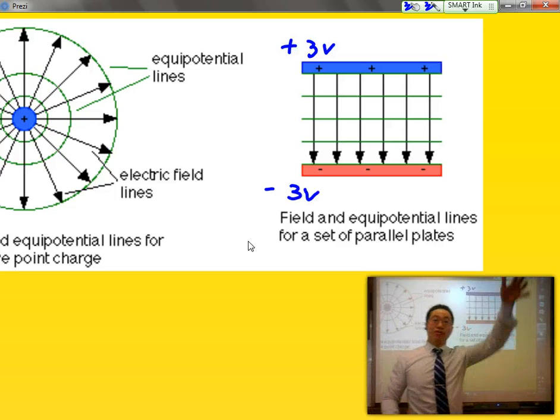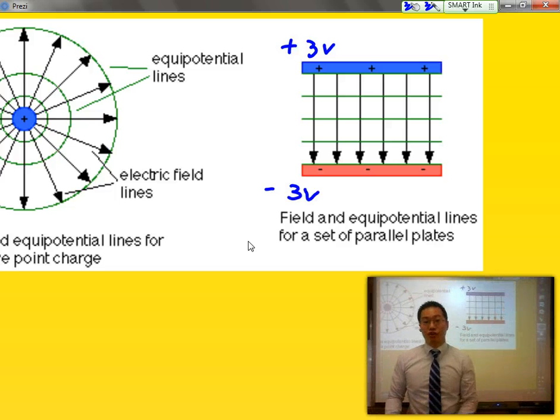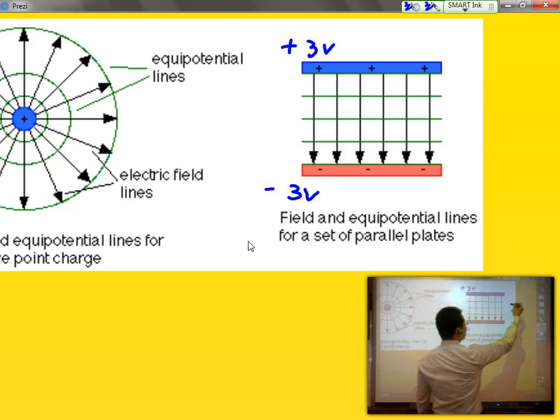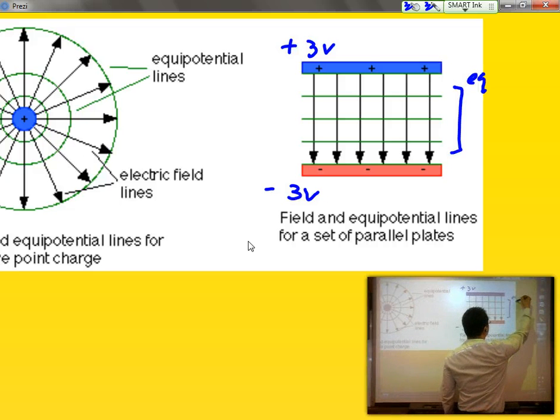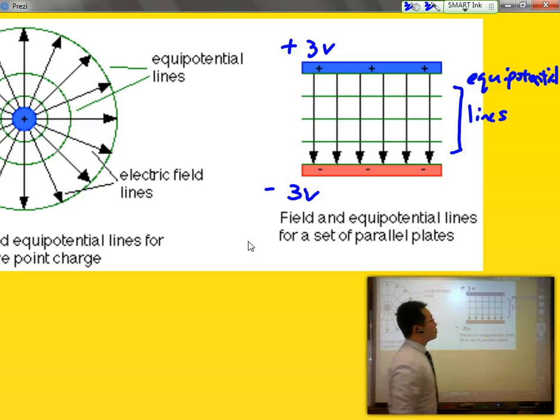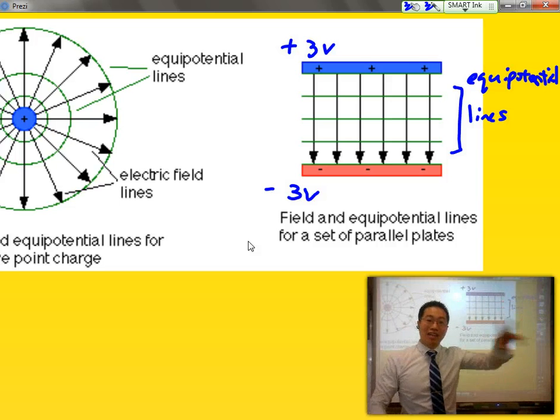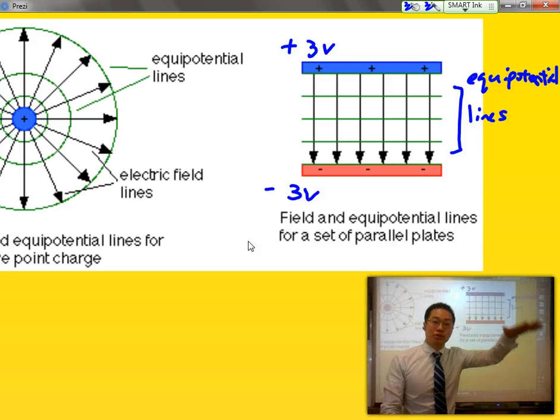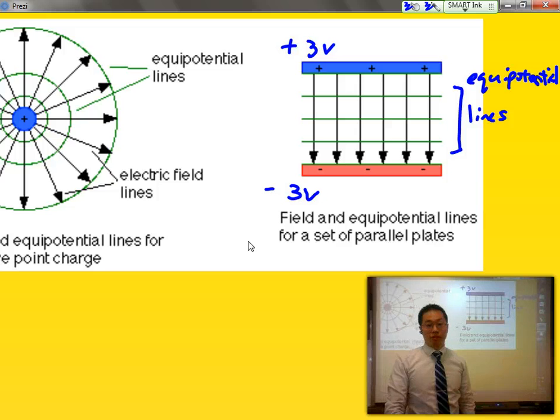So again, we're looking at our mountain going all the way down into our pit. When we take a look at these equipotential lines, they basically represent the different heights, or really electrical potentials, at each point.